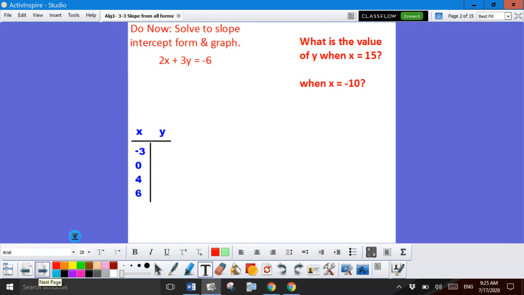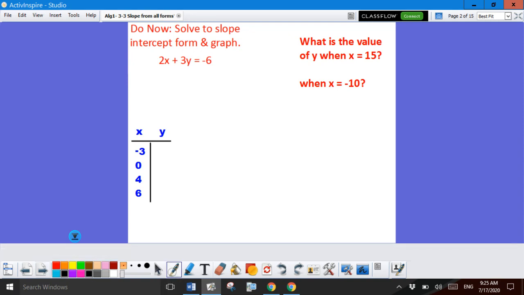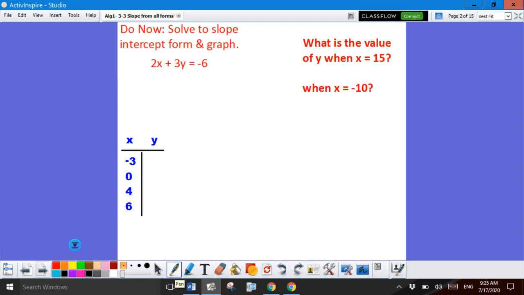All right, let's see how you did here. There's a couple different ways that we can approach this problem. Obviously, if I didn't have a calculator and I wanted to use substitution, I'm going to use the 0 just because it's easier.